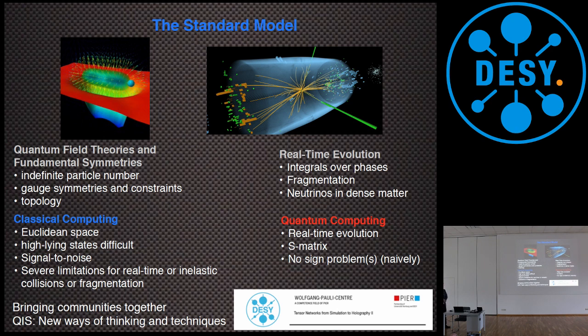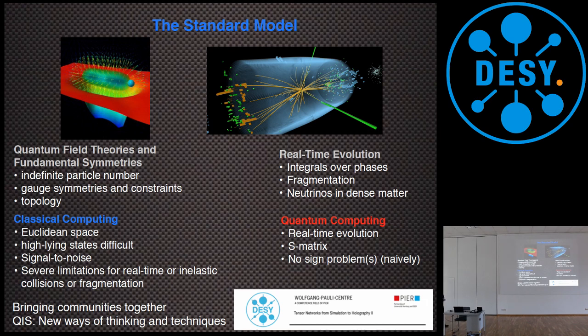phenomena that are important for astrophysics and nuclear astrophysics, and that is the evolution of neutrinos in dense matter. This is a nonlinear problem where you have to keep track of phases, and this is very difficult for classical computing, but should be much less difficult for a quantum device.